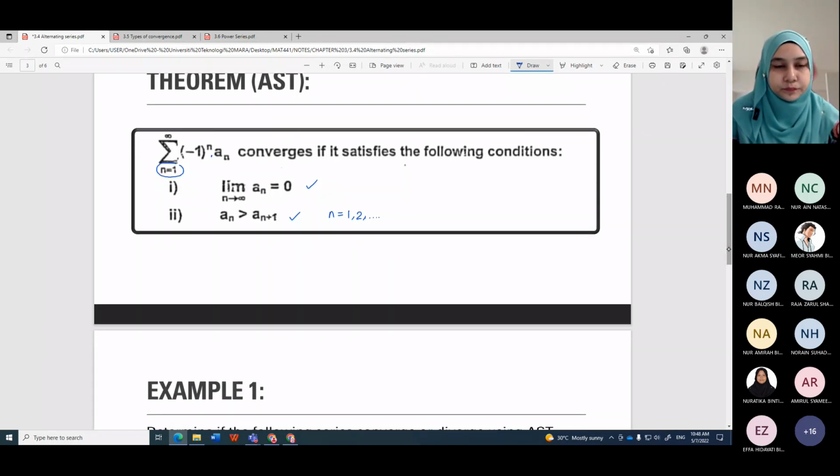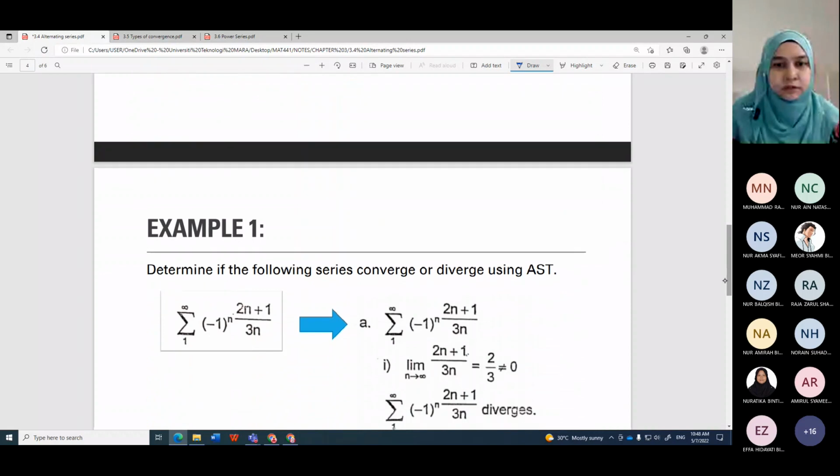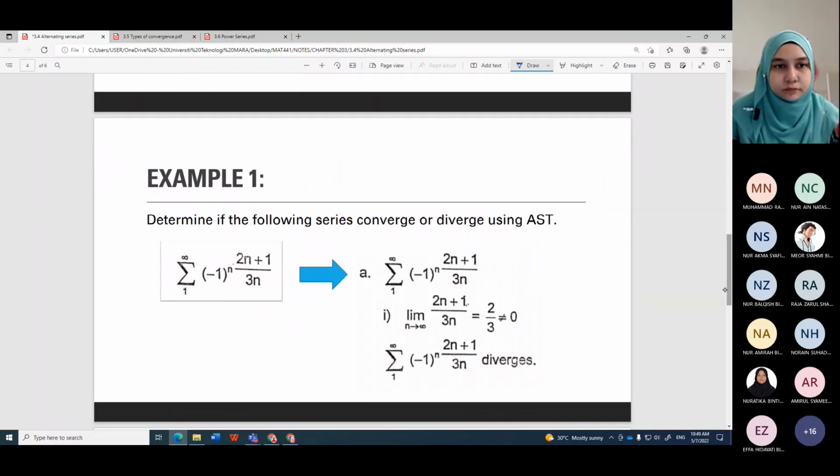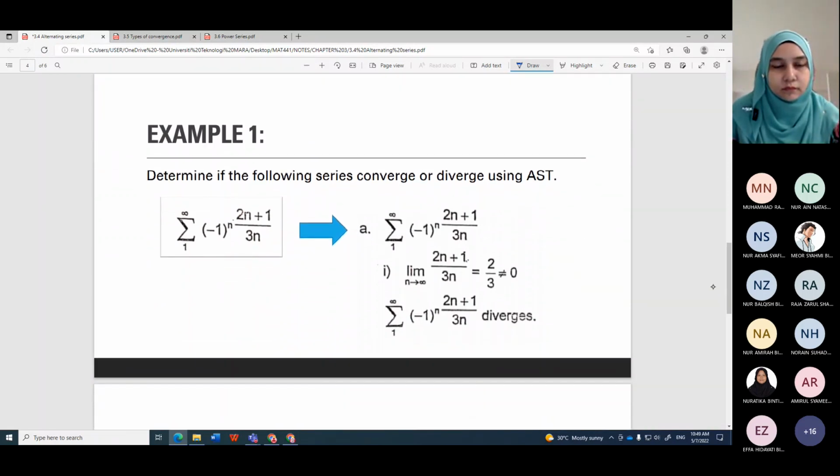Look at example 1. Determine if the following series converges or diverges using AST. This series involves -1 to the power of n, so we must use the AST test.